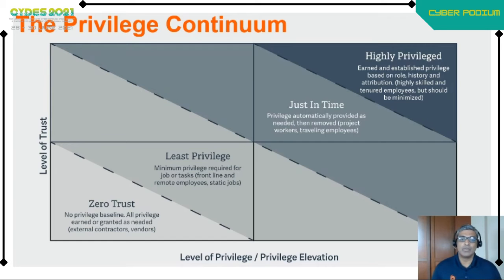Of course, in between, you would have things such as least privilege, where you can granularly define what a user can do based on his requirement, and a just-in-time policy where a user is granted access just at the time of request or when there is necessity.